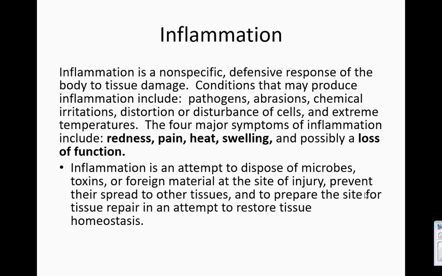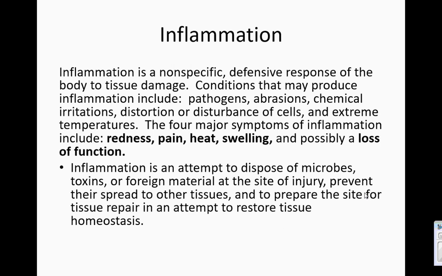All right, there is another form of non-specific immunity that we utilize, a couple of them. And we've already mentioned this inflammation word before. But this is a non-specific defense response of the body to tissue damage. This is non-specific, so once again, we learned the other day, you're born with it. That's what innate meant.